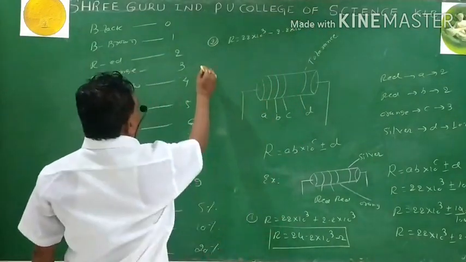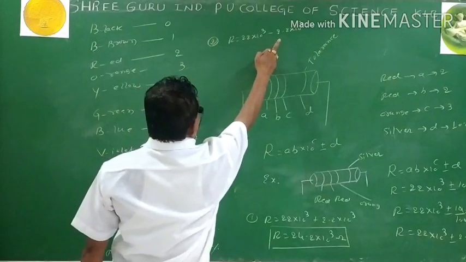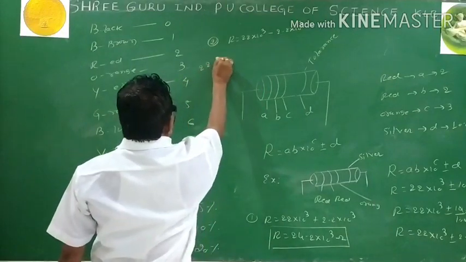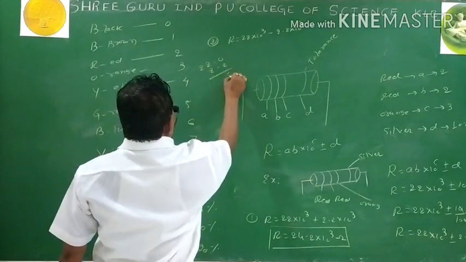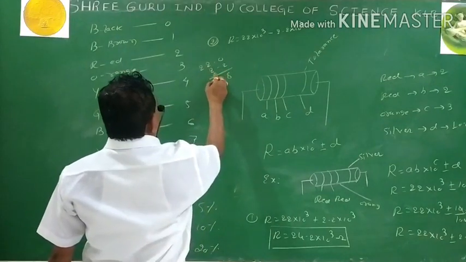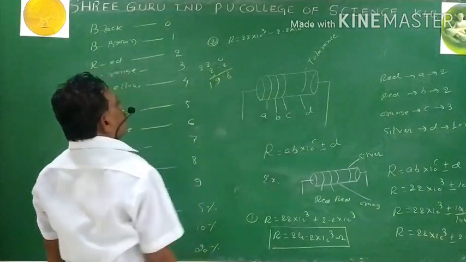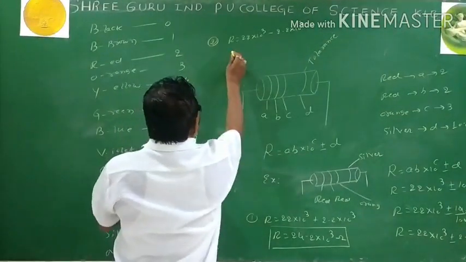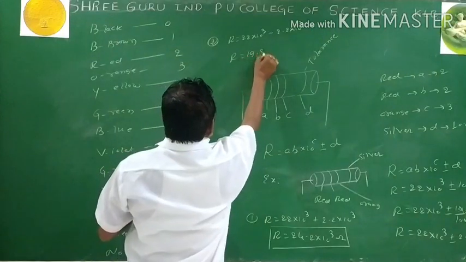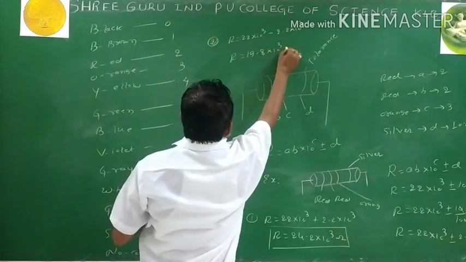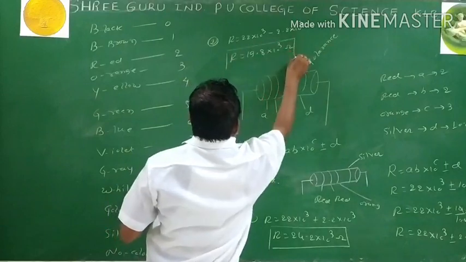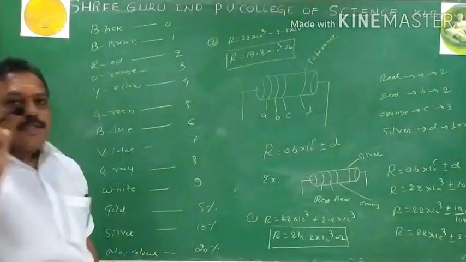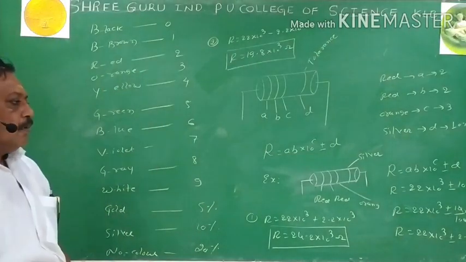If I take 22 minus 2.2, that is nothing but 19.8. Correct. So, R equals 19.8 with the common power, 10 to the power of 3. Now, this is our resistance value by considering the tolerance.